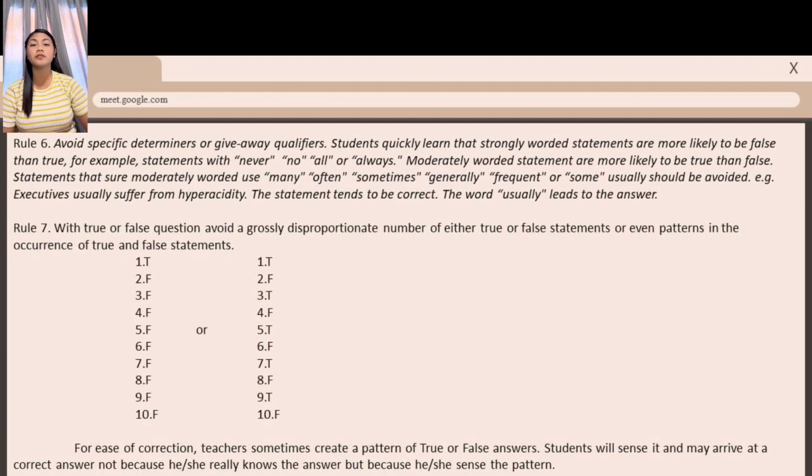So it follows a pattern. For ease of correction, teachers sometimes create a pattern with the true or false answers. Students may hence arrive at the correct answer not because she really knows the answer, but because she sensed the pattern.